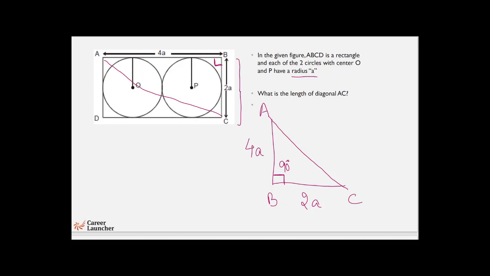So when we have to find AC, it's going to be 4A square plus 2A square. That comes out to be under root 20A square, which would be 2 root 5A. So the length of diagonal AC would be 2 root 5A.